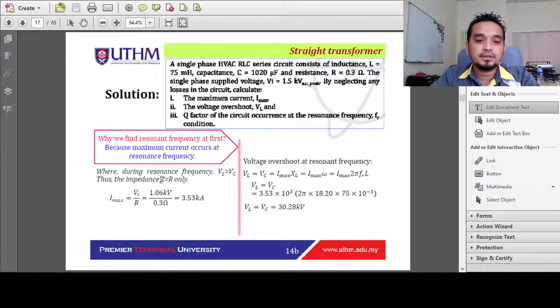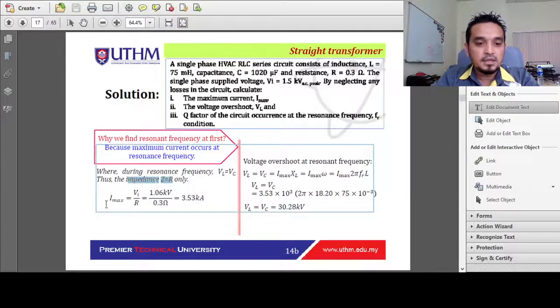Thus the impedance Z is equal to R. We don't need to calculate the value of inductive reactance or capacitive reactance, because during the resonance the values are the same, and hence the total impedance is equal to R.